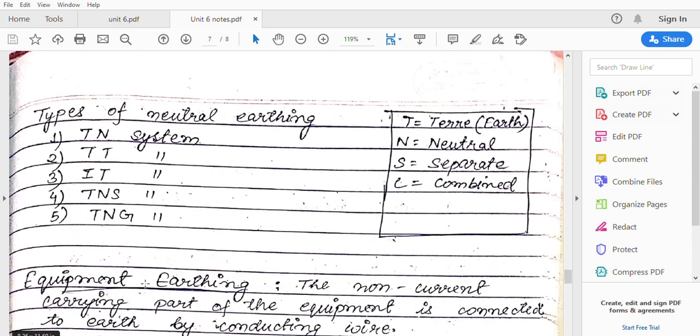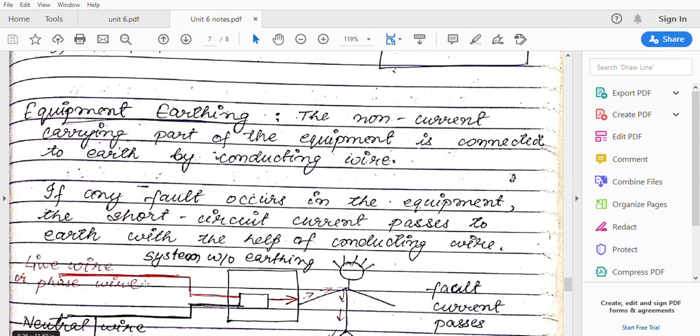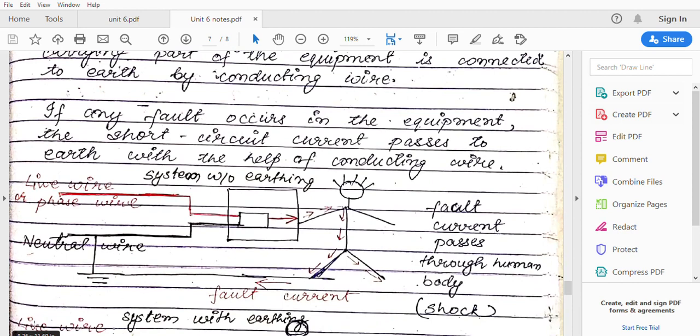Then coming to equipment earthing. The non-current carrying part of the equipment will be connected to the earth by some conducting wire, because if any fault occurs in the equipment, the short circuit current should pass through the earth wire, not to the person. So suppose this is your iron or press, okay, you're using it, and this is not earthed.